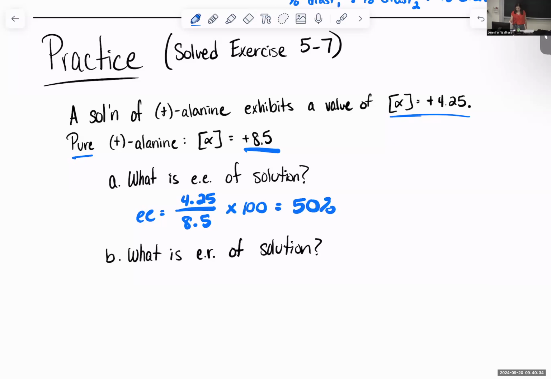Cool? That's how you would use that formula, and that's the kind of thing I would expect you to be able to do. I would give you whole numbers on an exam to make it easier, like rounding to 4 and 5, so you don't have to do decimal places. Does that make sense? It is your mixture over the pure.